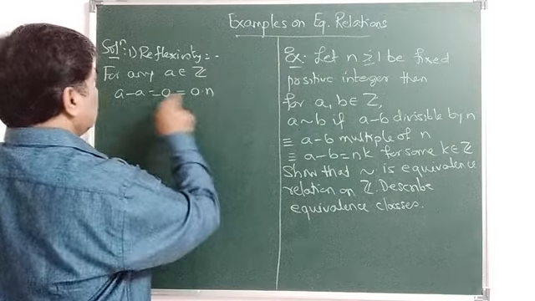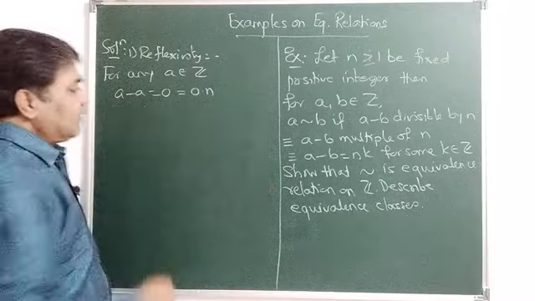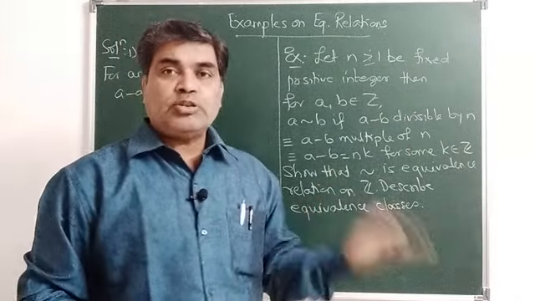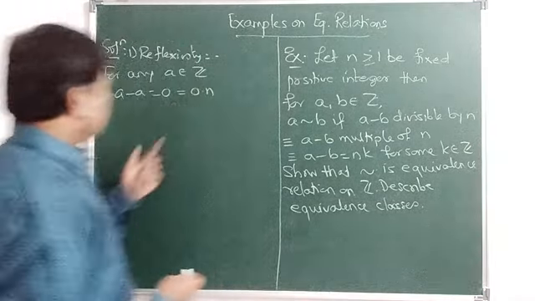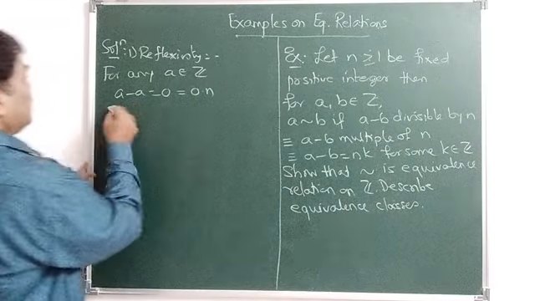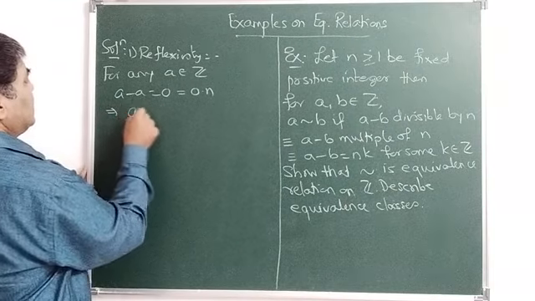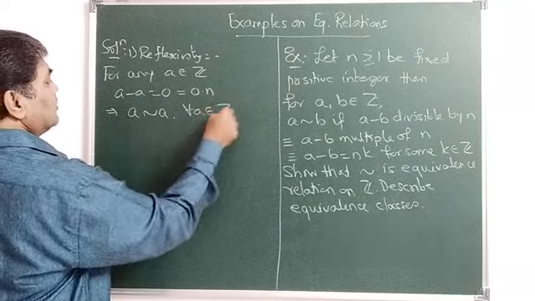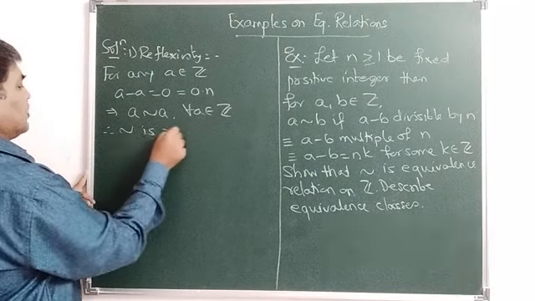Is it clear? So a minus a is a multiple of n. Or you can write that 0 is divisible by n. Right? So this implies a is related to a, and there is no restriction for any choice of a, and therefore this is a reflexive relation.